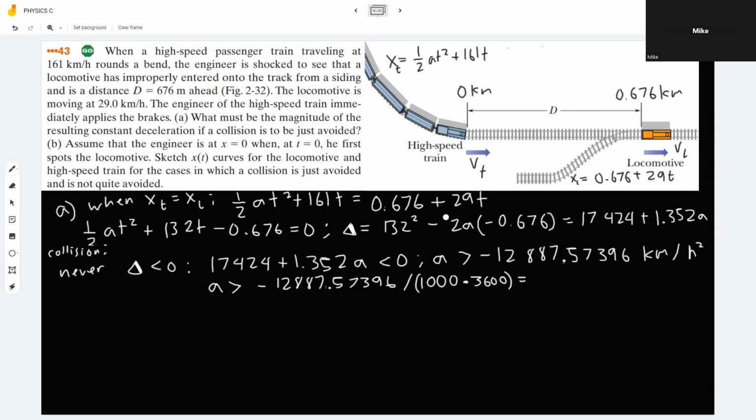29 kilometers per hour, 161 kilometers per hour. 3,600,000 in the denominator.